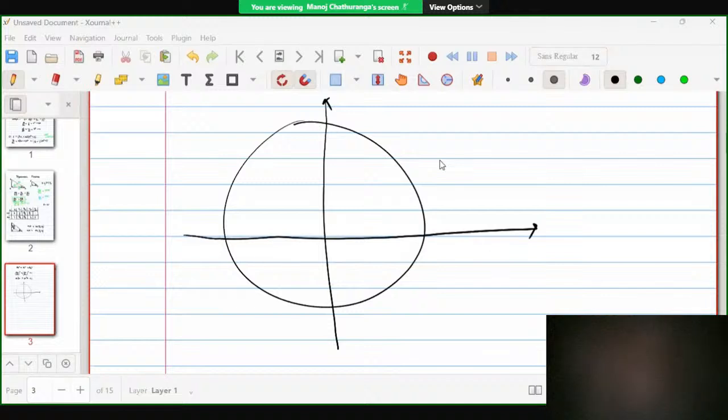Right? So they took a circle, and they considered this angle theta.